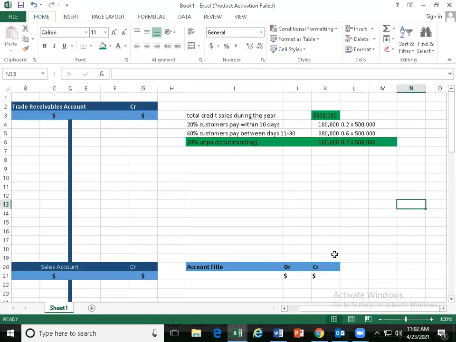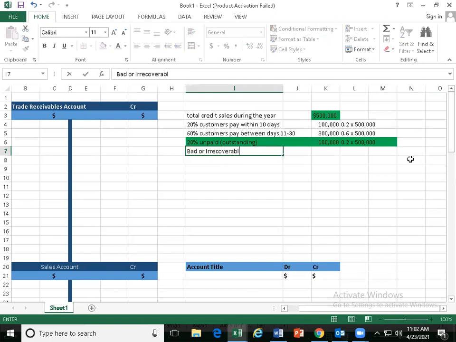So one thing is very clear, that there is a bad or irrecoverable debt out of this $100,000 that is worth $4,000. Now, after this, the remaining receivables outstanding come to $96,000.